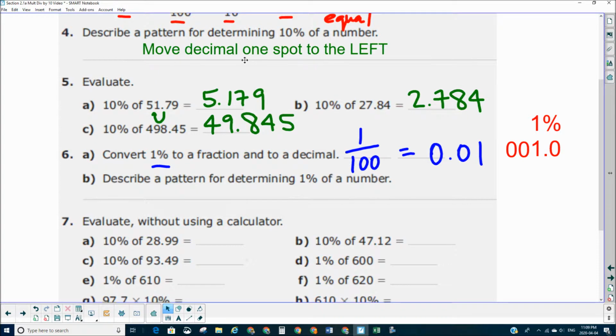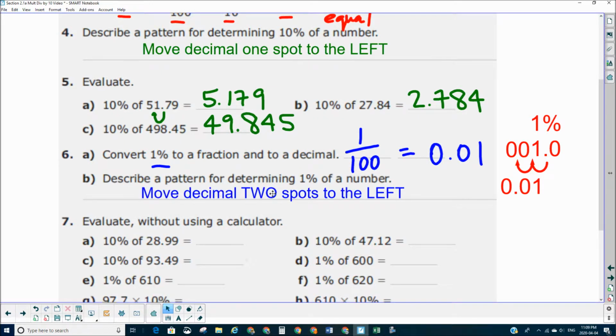And if we're dividing by 10, we would move one decimal place to the left, but we're dividing by 100, so we actually move 2 decimal places there to get to our 0.01. So it turns out if 10% is moving one decimal place to the left, 1% moves 2 decimal places to the left. Okay, it gets us a much smaller number.